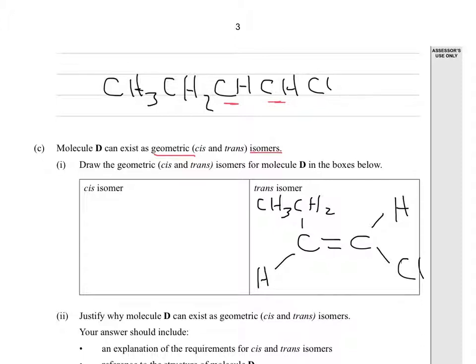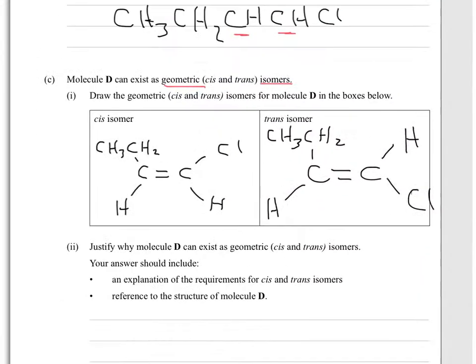Again, with the cis, let's draw our hydrogens, and cis, chlorine up the top here, and CH3, CH2, and there we go. Done. Okay.